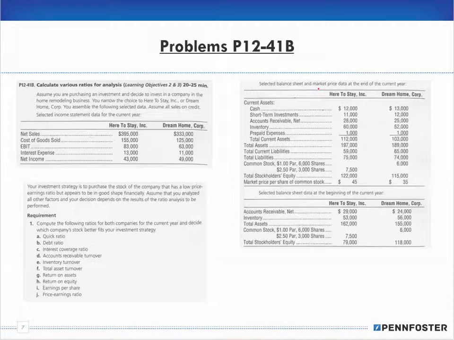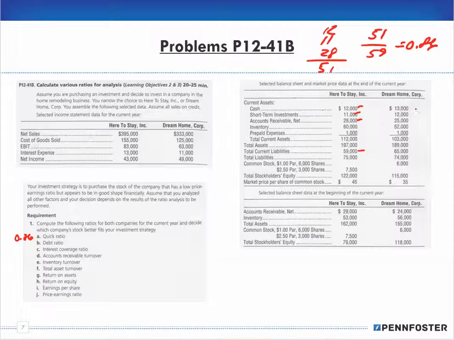All right, so for the quick ratio, for Here to Stay we're going to take the 12,000, the 11,000, and 28,000. That's 12, 11, and 28, which gives us 51. I'm going to divide that by the current liabilities of 59, and that's going to give me 0.86.